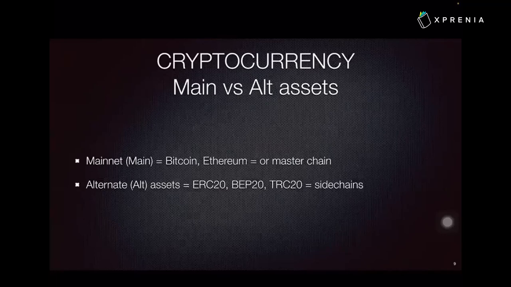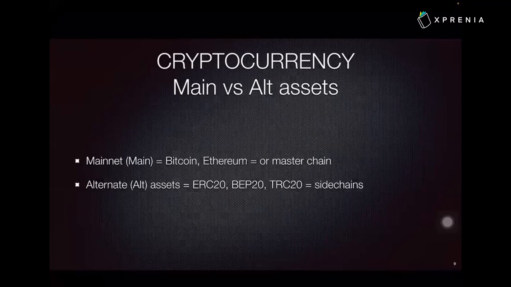So cryptocurrency: main versus alternate assets. Main, as in mainnet or the main chains or the master chains, which we would normally know as Bitcoin and Ethereum, coins or tokens that have their own chain. The alternate assets are digital assets which come from the main chain.